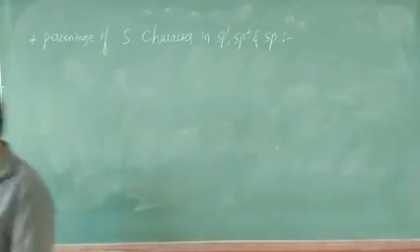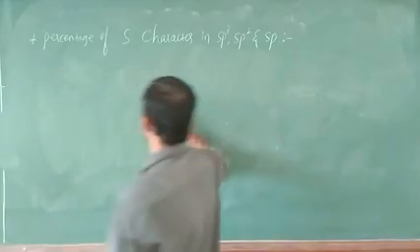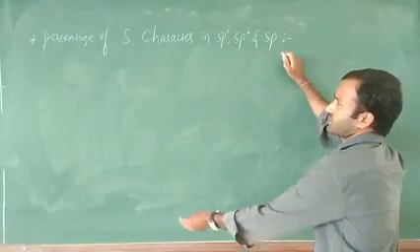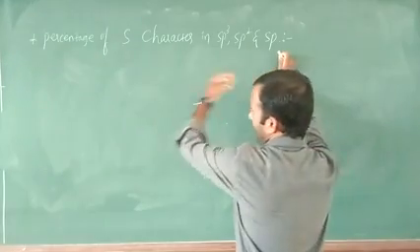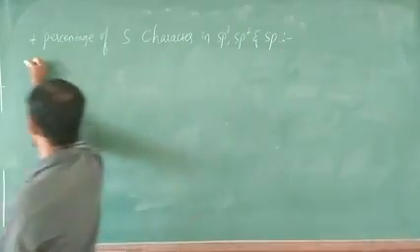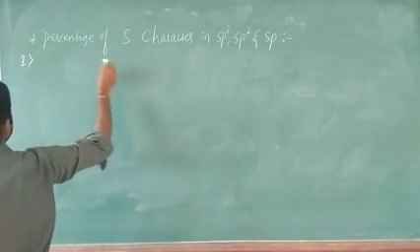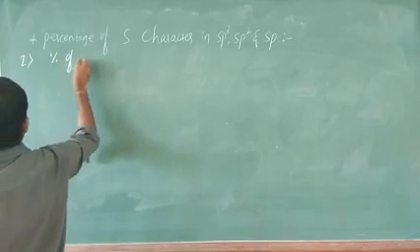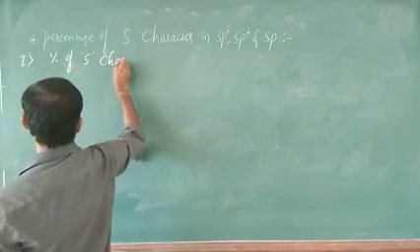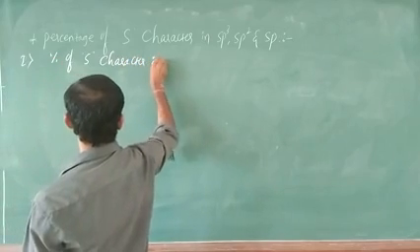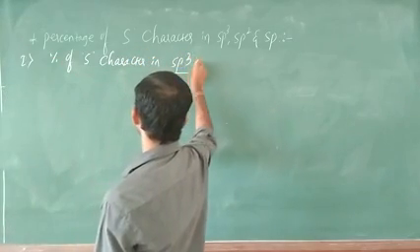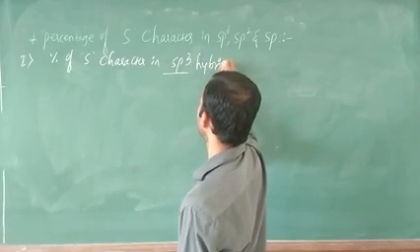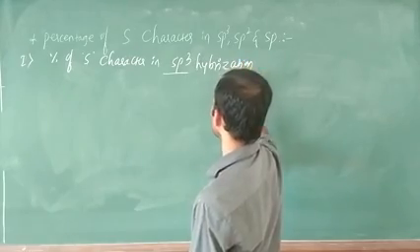You have to take this one as the heading, no problem. Percentage of s character in sp3, sp2 and sp. Otherwise, percentage of s character in some hydrocarbons, that is also no problem. First one, the percentage of s character in sp3 hybridization.